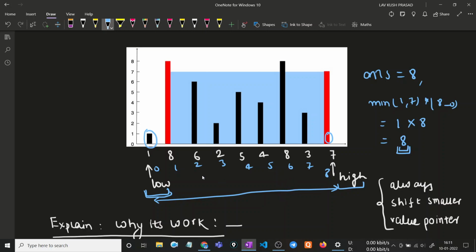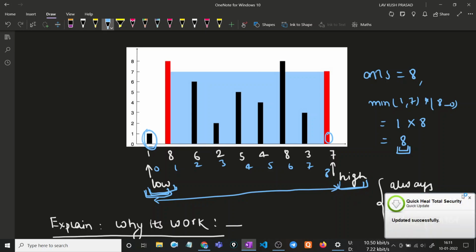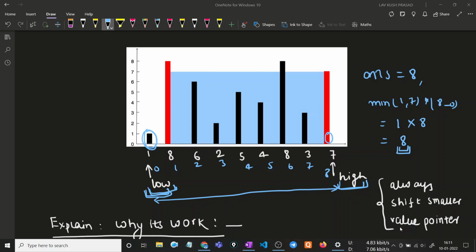So the first question is which pointer we have to shift: either we can shift the low pointer or we can shift the high pointer. So there is a case that we have to shift the pointer whose value is smaller.